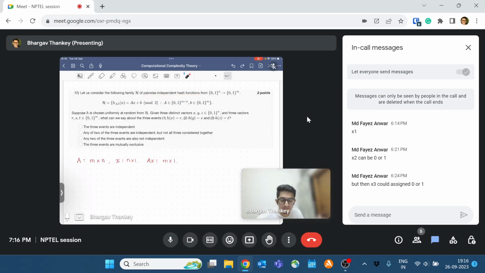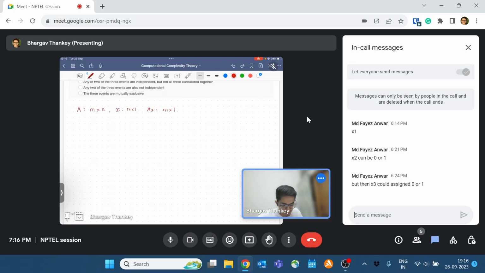So what's the meaning of the pairwise independent thing? Let me define it.